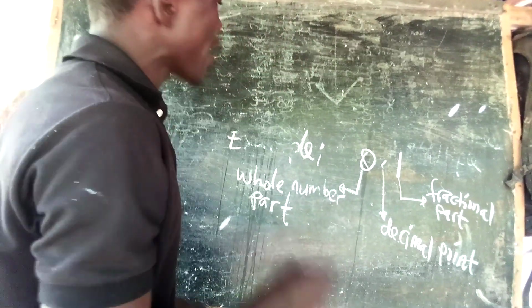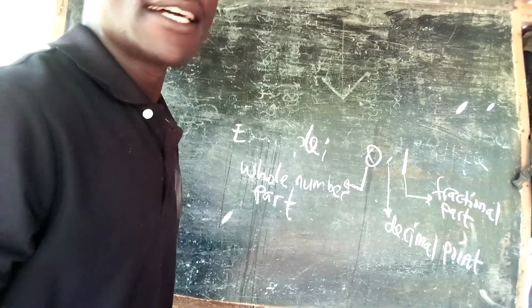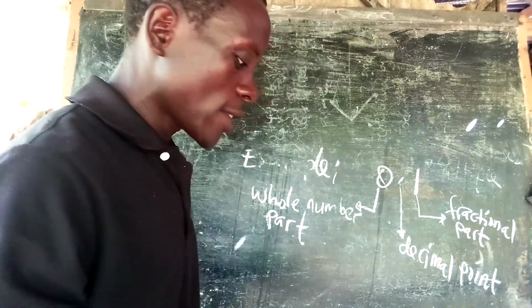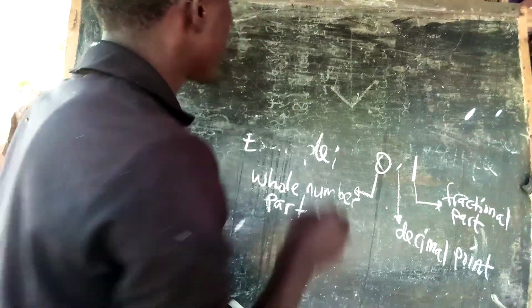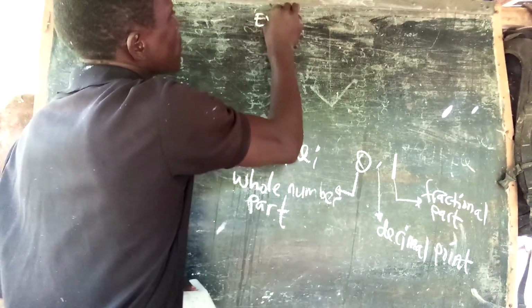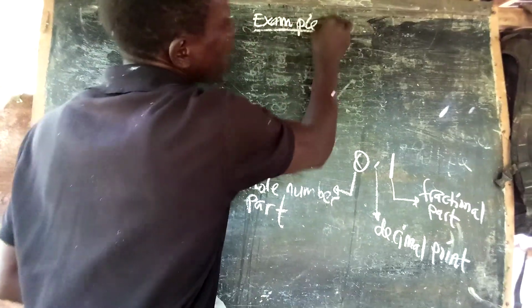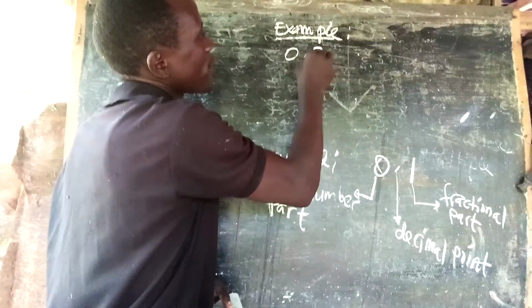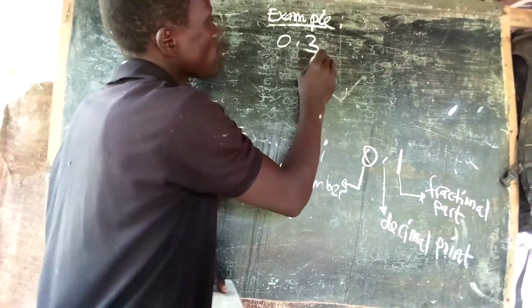After knowing all this, let's see how we can read or write a decimal number in words. For example, we have been given 0.3. How can we read this one?